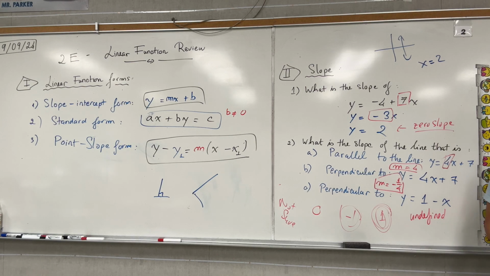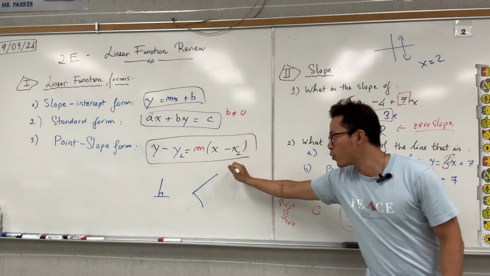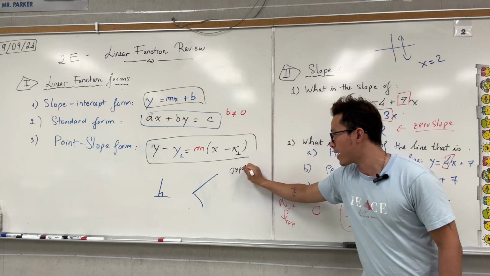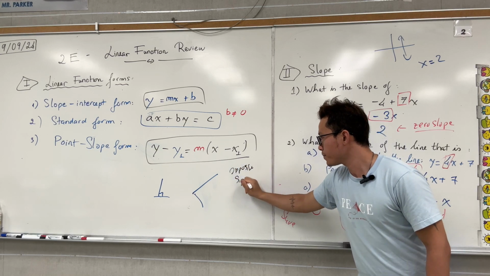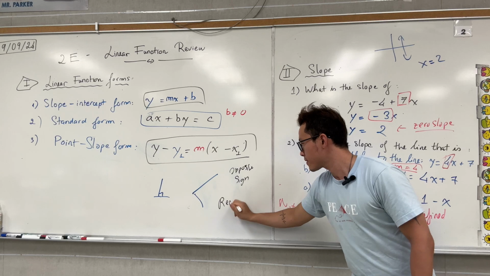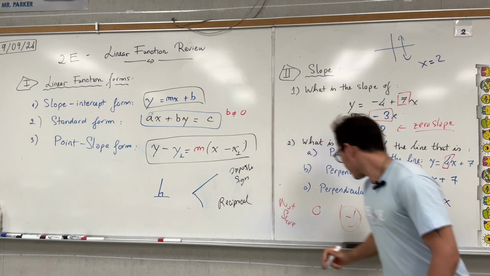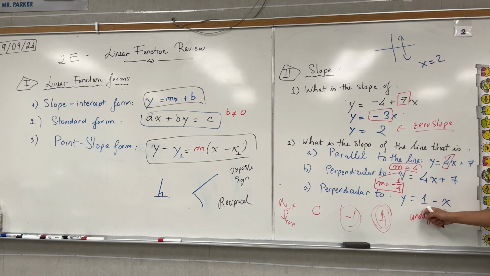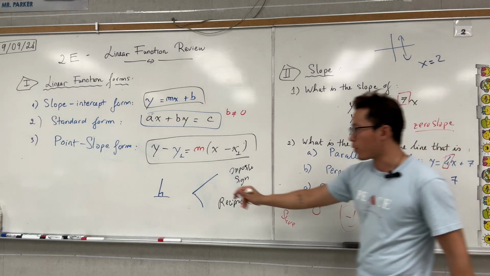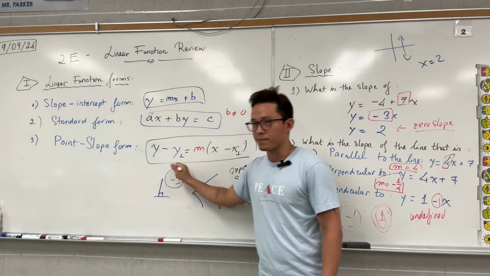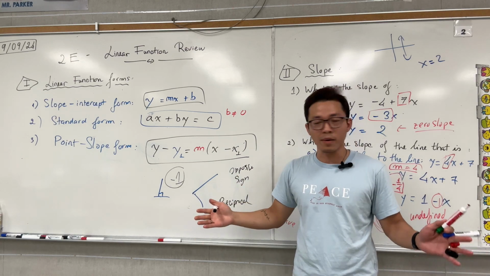All right, again, 2 things. You want opposite signs, and you want reciprocal, right? What is the slope for this? -1. The number in front of the x, right? So the number here is an invisible 1. So the slope here is -1, all right? So they gave you -1. Let's do it one by one.